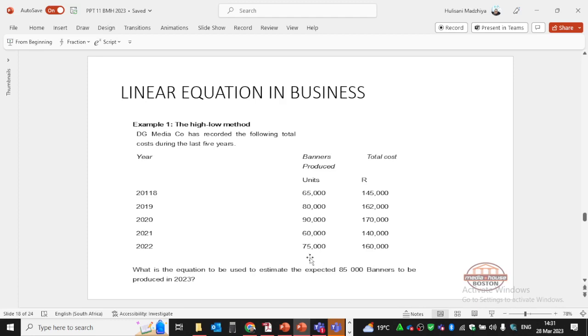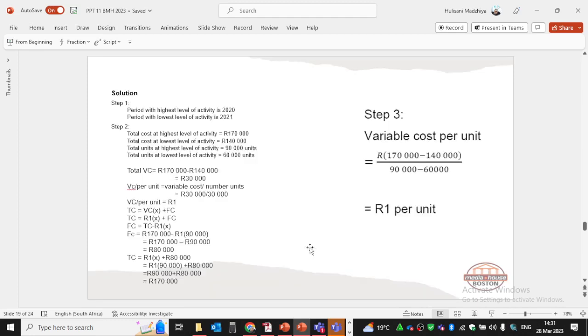So if we go to our equation and use 75, here it becomes 75,000 plus 80,000.